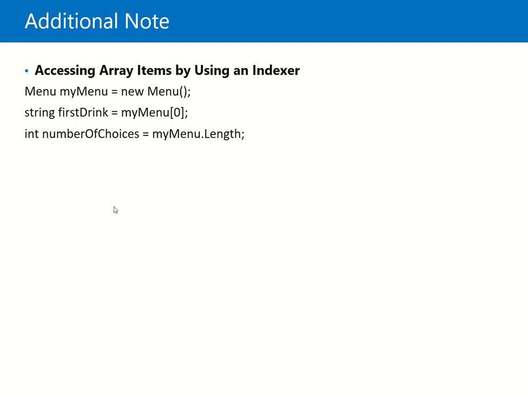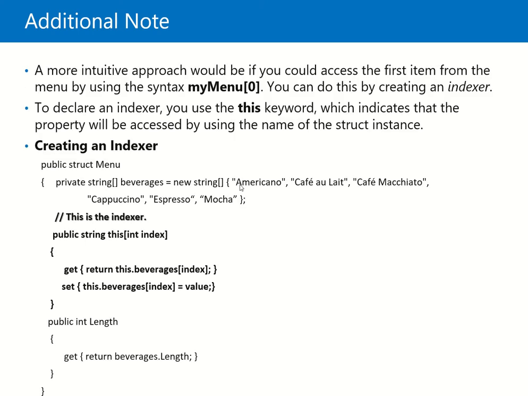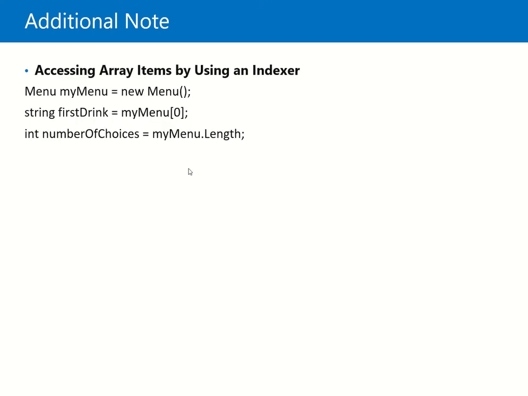Then you create a variable called first drink. See here, you no longer have to do dot beverages. You just call my menu index number 0, which returns Americano, into this variable first drink.